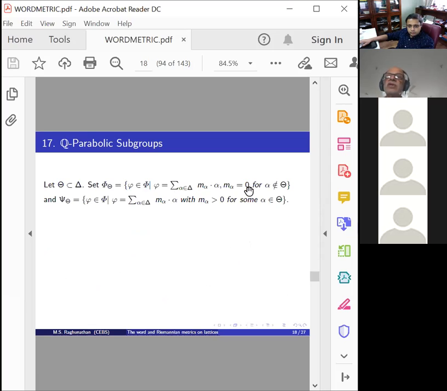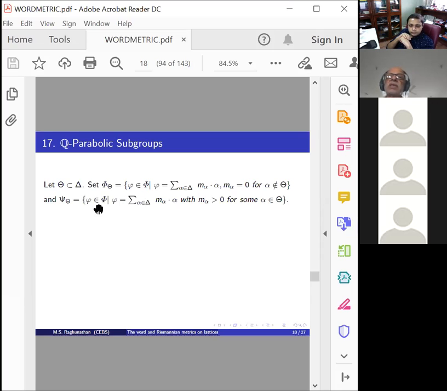In other words, M alpha is 0 if alpha is not in theta. Everything can be written as a linear combination of roots in delta, but I want only those which appear in theta. Those roots which are linear combinations of elements in theta, call that phi sub theta.